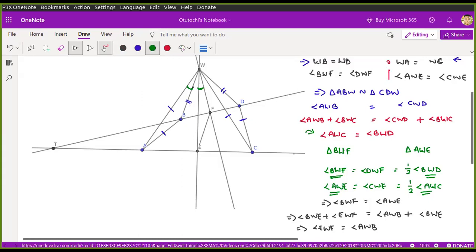All that is left to do, after showing these two angles to work with the SAS postulate, is to show that AW over BW is equal to EW over FW.